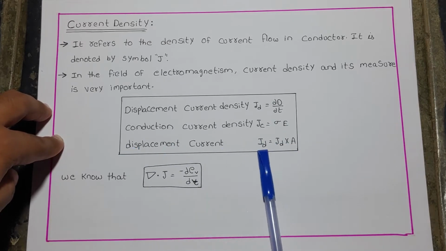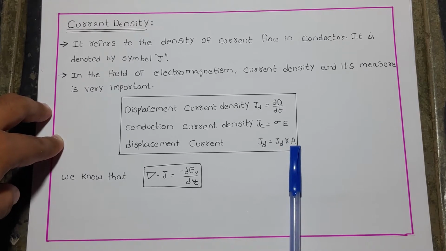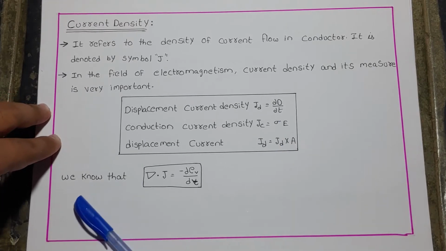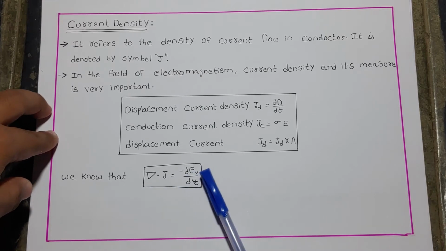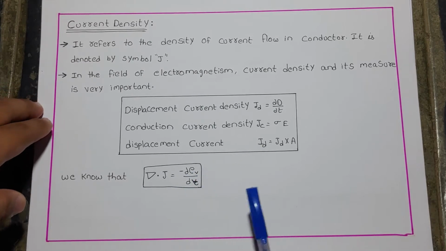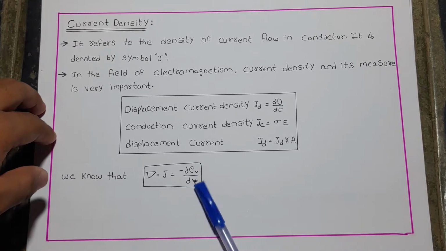Displacement current, which is ID, which is equal to JD multiplied by area of conductivity. And we know that del dot J is equal to minus dou rho v by dou t, which is volume charge density with respect to time.